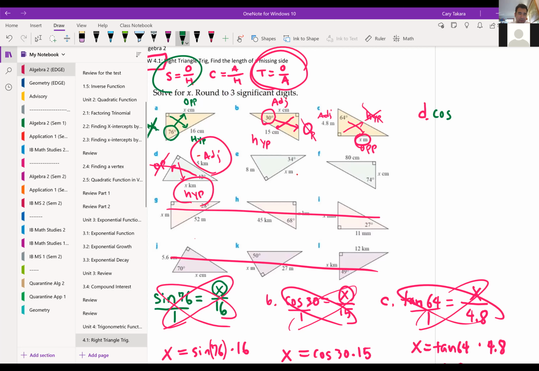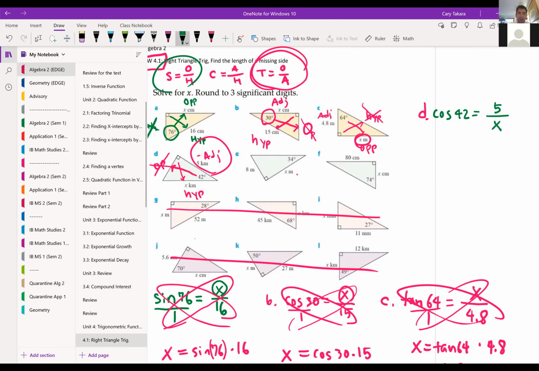Cosine of 42 equals adjacent, which is 5, over hypotenuse, which is x.